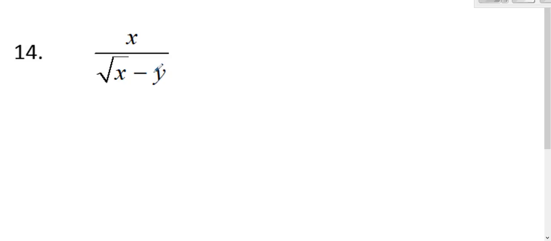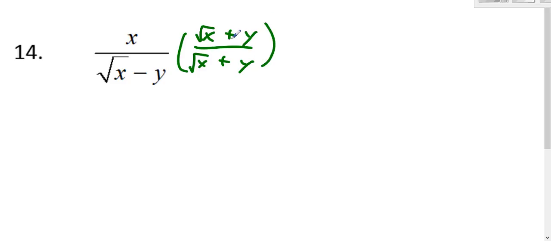Here's another problem, this time it's subtraction in the denominator. So we're going to have to multiply by the conjugate again. So it'll be square root of x plus y. Just change the sign in the middle. And multiply the same thing to the numerator and denominator.